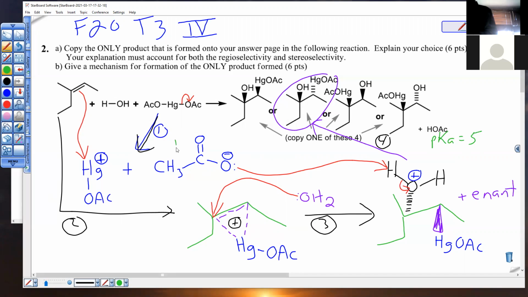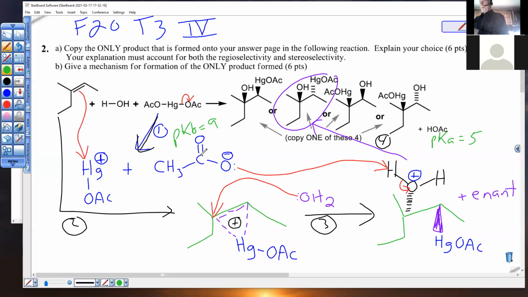So the pKb here is 9. pKb of water is 14 minus -3, which is 17. That is a billion times or 100 million times less basic than acetate.